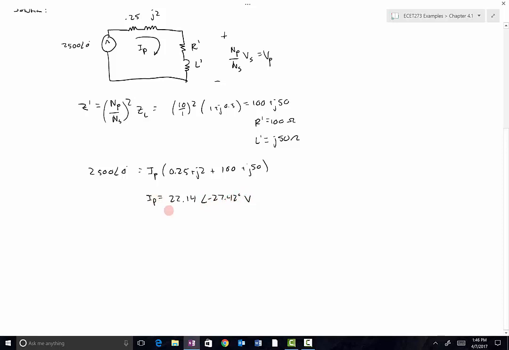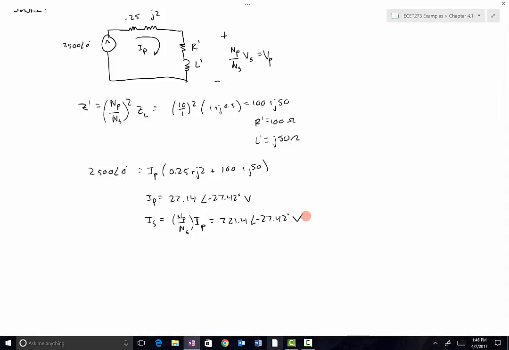That gives us the primary side current. We can easily get the secondary current just by multiplying by the turns ratio times IP. That's going to be equal to 221.4 angle negative 27.42 degrees amps. So we've got those.